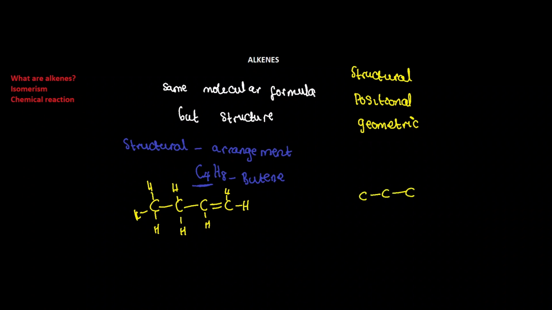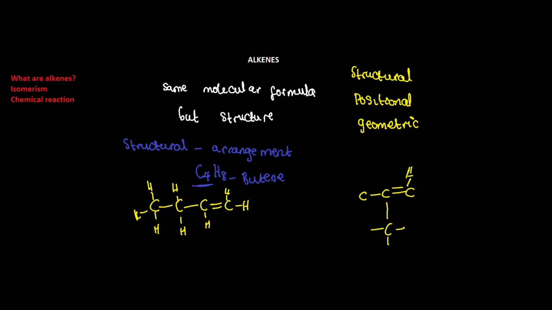Now, in a situation where we have this chain branched out at a position like this, we have a continuous chain of three carbon atoms and we have a branch of one carbon atom, but the molecular formula is still C4H8 because in total we have four carbon atoms and 8 hydrogen atoms.